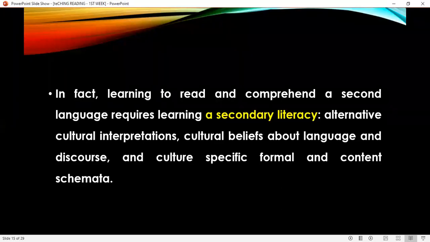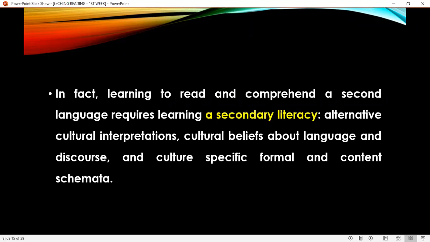So, new experiences, new beliefs, no? Because when you speak English, you have to talk about the culture. Maybe you are learning American English, so you have to know about the culture of the USA or the United States. You're learning British English, so you have to learn about the culture of England or the United Kingdom.